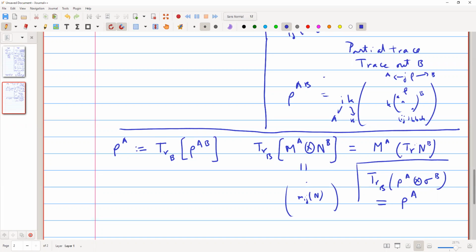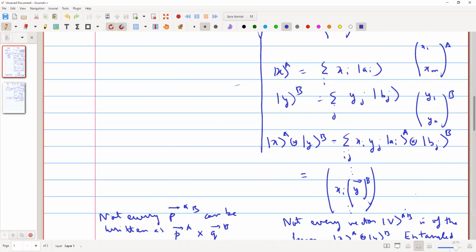Back in the world of probability distributions, if I have P_A times Q_B, a product of probability distributions, and ask what is the marginal on the system A, then of course it is P_A. It's the same thing. Again, if you formally expand it out, we had this picture, right?